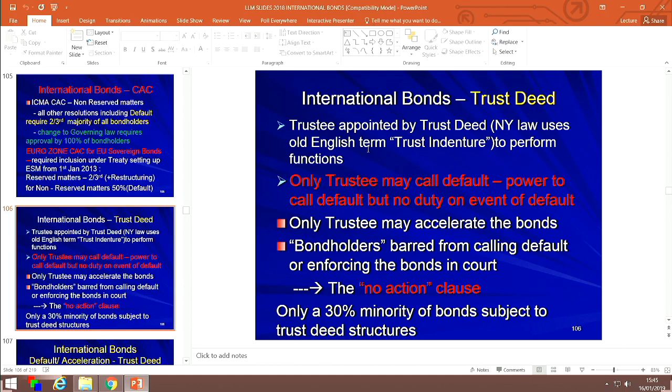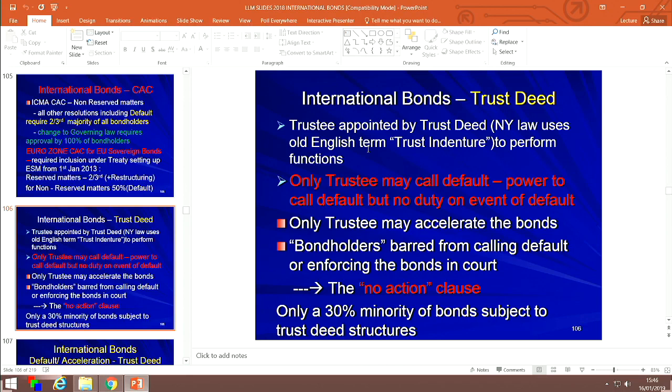Now, the key point about the trust deed structure and the appointment of a trustee under the trust deed is this: under the terms of the trust deed and the terms of a bond instrument, only the trustee has a power to call a default when an event of default occurs, nobody else.